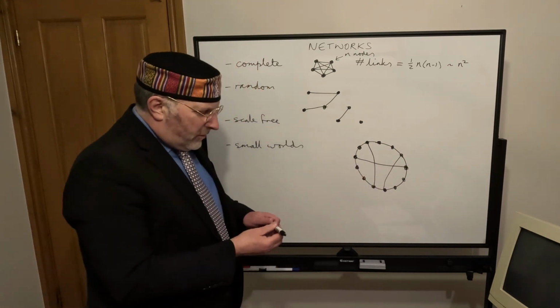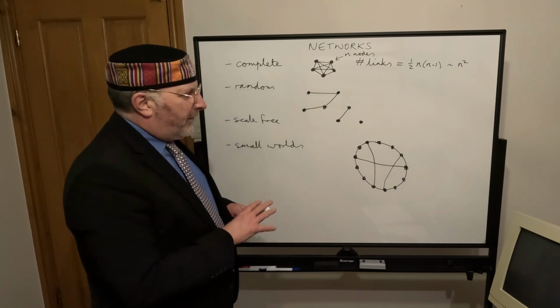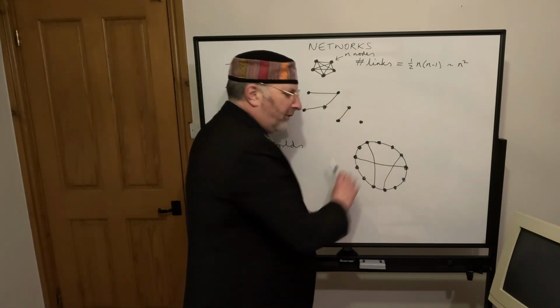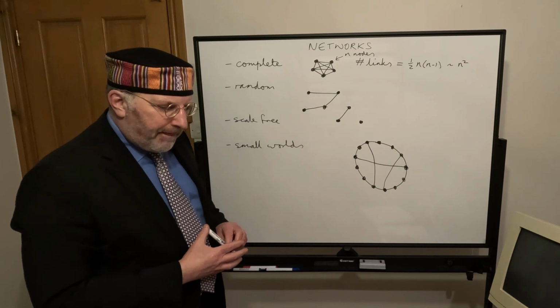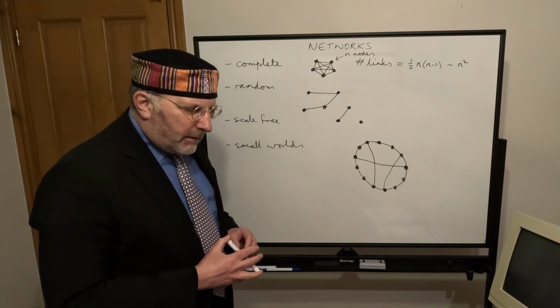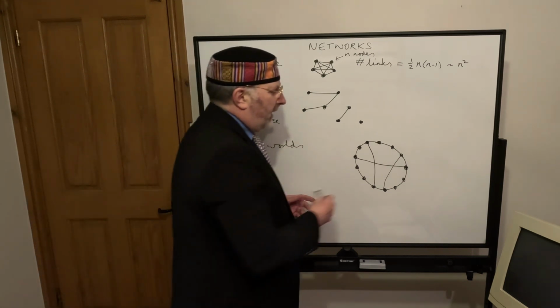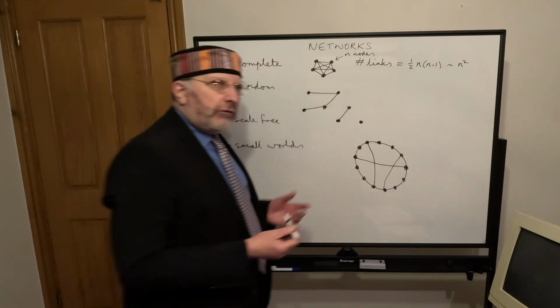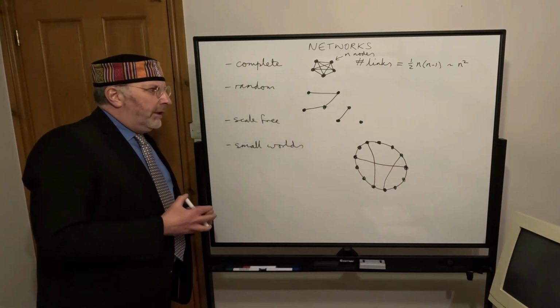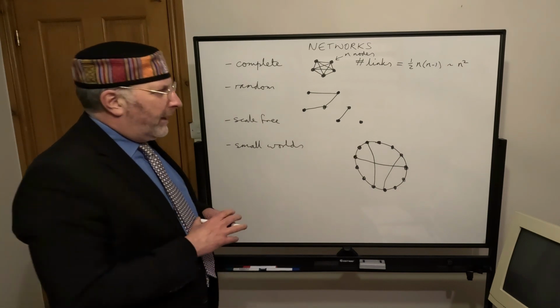Almost every node is very close to every other node through these long distance ties. And that's important for thinking about how societies hold together and how economies hold together.